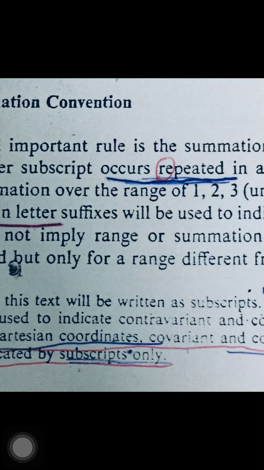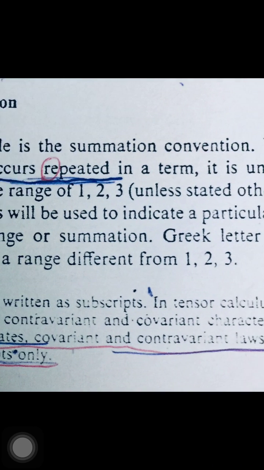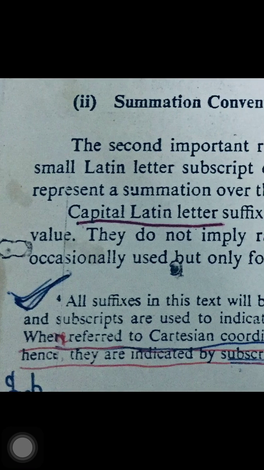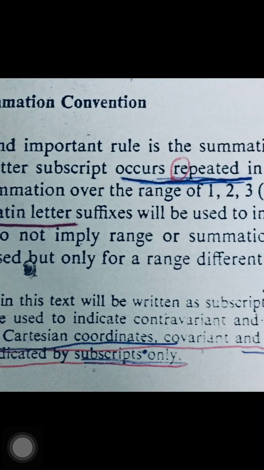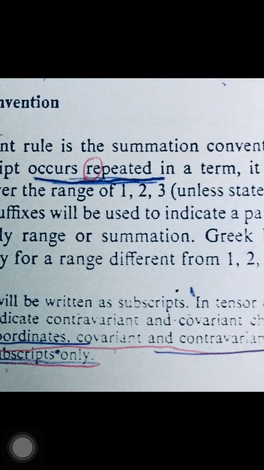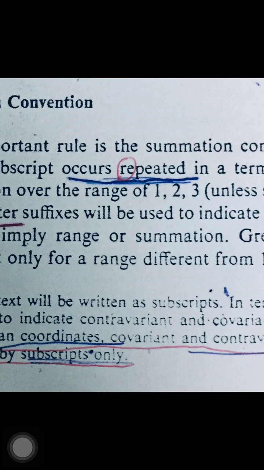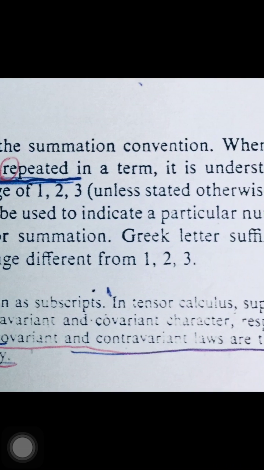In range convention, it is unrepeated. In summation convention, it is repeated in a term, and it is understood to represent a summation over the range 1, 2, 3 unless stated otherwise. Okay, so this is the difference between range and summation convention.